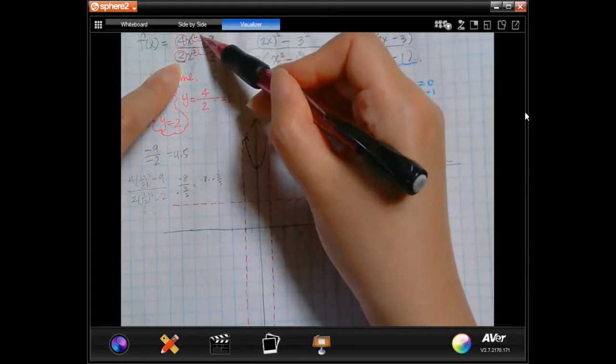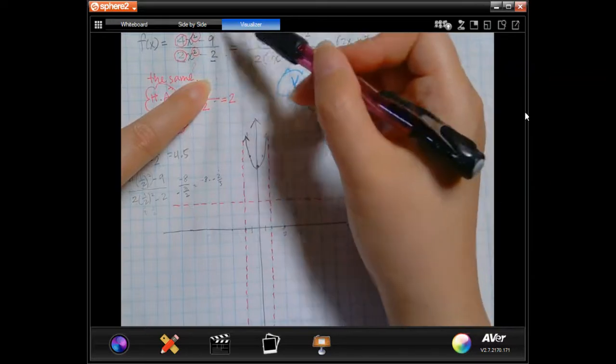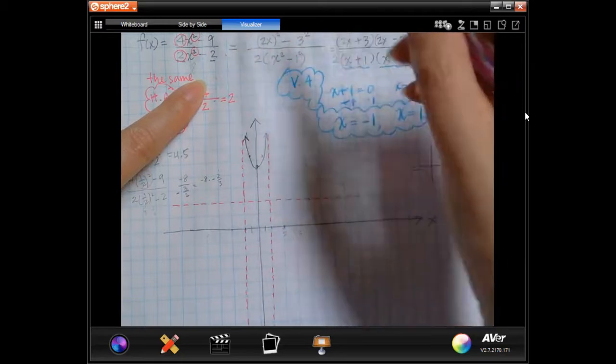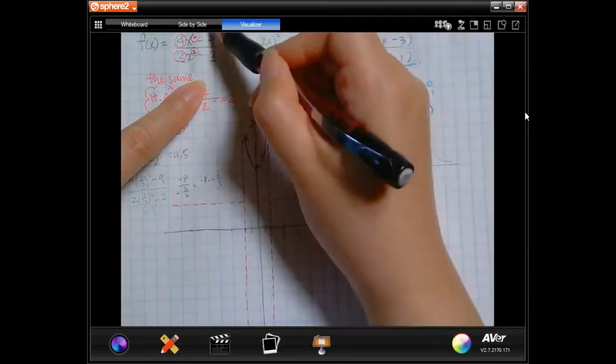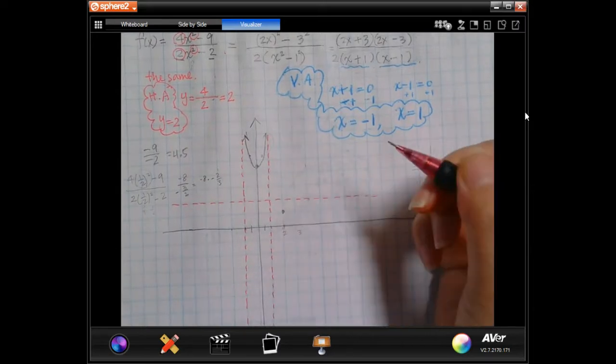Then it's 8 take away 2. So then once you plug in 2, it's gonna be 1.